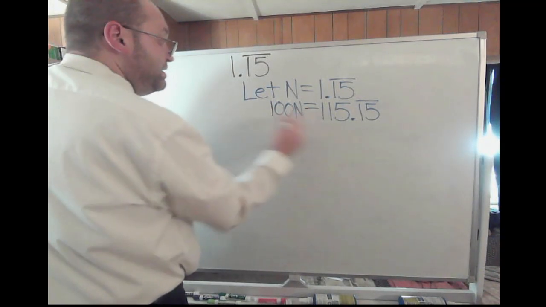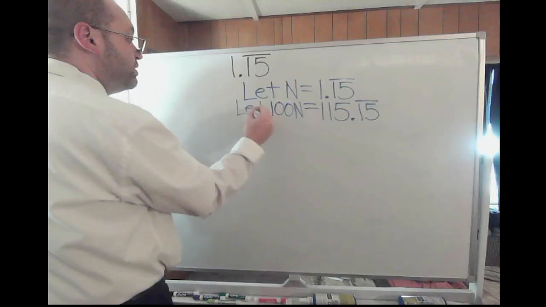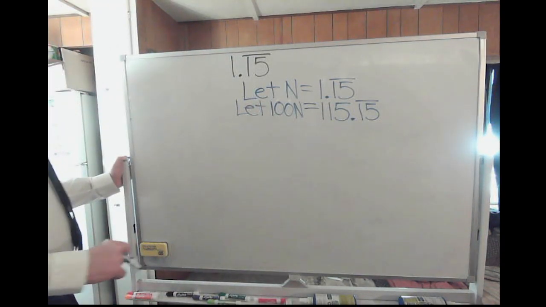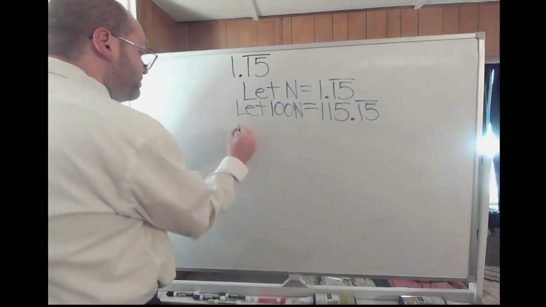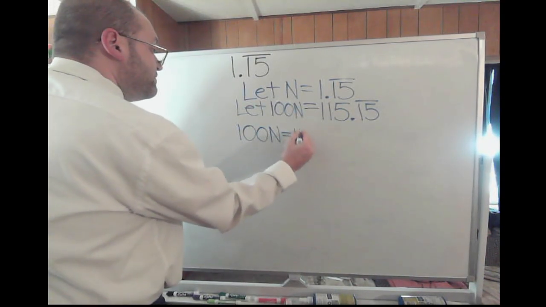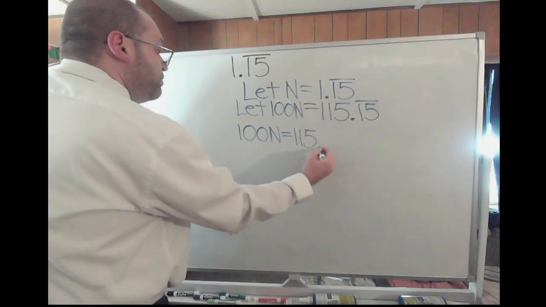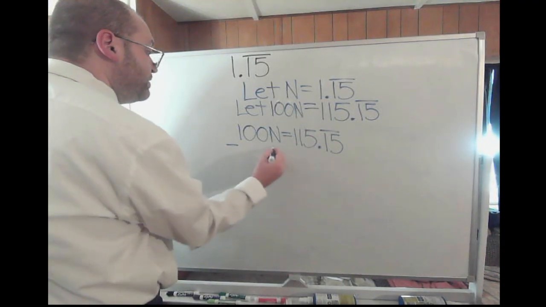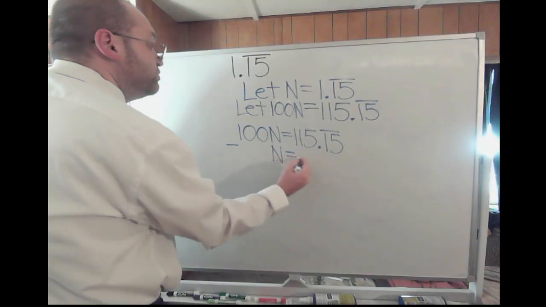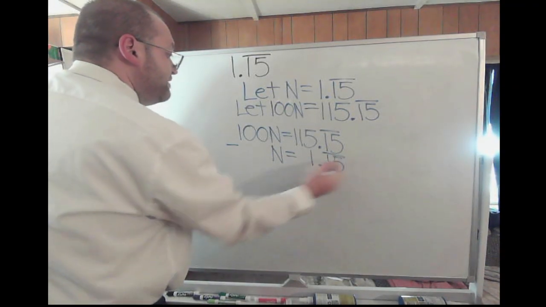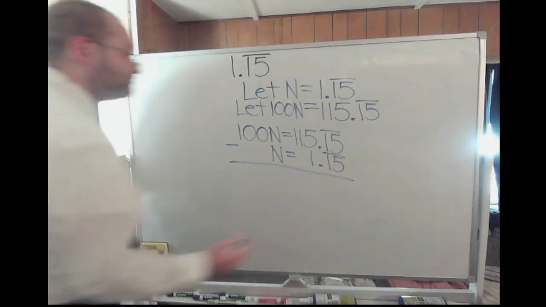So 100n, we will let 100n equal 115.15 repeating. Now you're just going to take your bigger number, that 100n, set that equal to your 115.15 repeating. Do that minus your n, which is equal to the 1.15 repeating, and you have a simple subtraction problem.